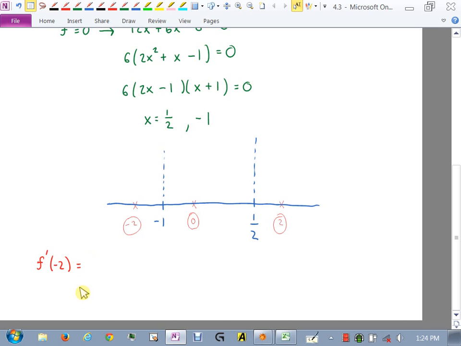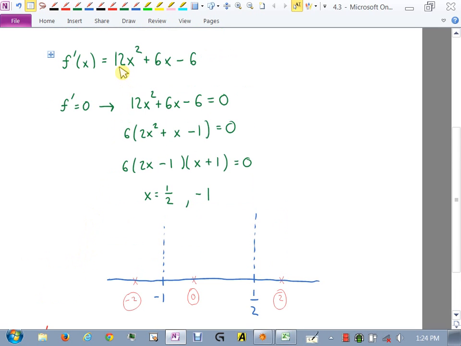You have to plug -2 into the derivative, and all we care about is if it's positive or negative, right? You can plug it in here, no problems, easy. Now I am going to choose to plug -2 into this right here, because that's still the derivative, but factored. I think for me it's easier to plug it in here.